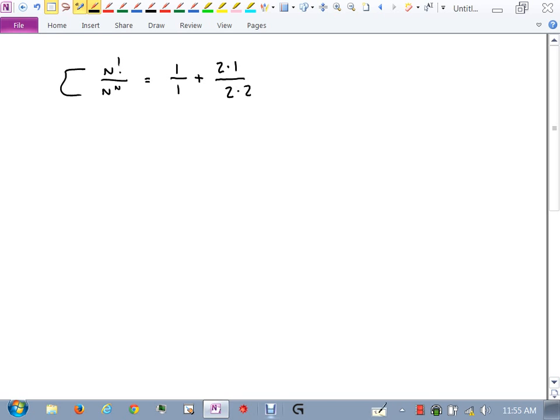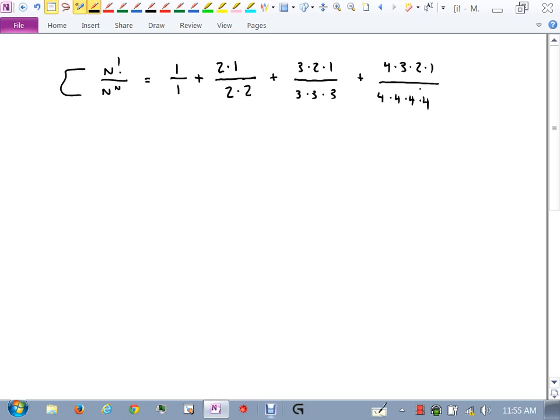Then plus 3 times 2 times 1, but then 3 to the 3, so 3 times 3 times 3. And then you have 4 times 3 times 2 times 1, that's 4 factorial, but then 4 to the 4 is 4 times 4 times 4 times 4, right?